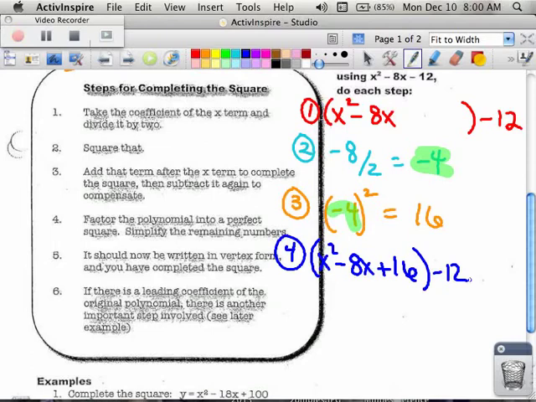Whatever I did right here, I'm going to do the opposite on the outside. Because you can't change an expression without balancing it out. If it's an equation, you balance it out on either side, like adding 5 to both sides. But since we don't have an equation, we're going to undo what we just did on the outside.